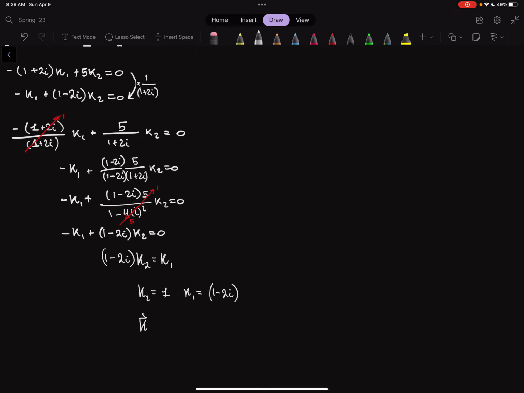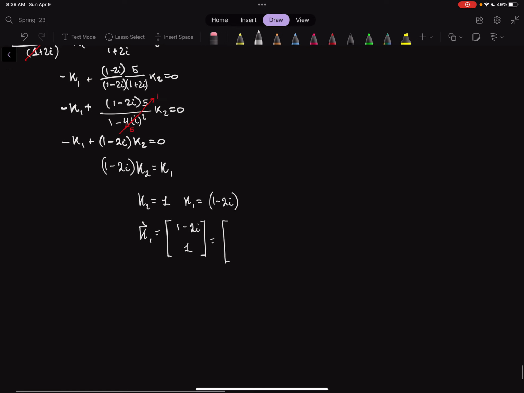So our k vector is going to be, k1 is 1 minus 2i, k2 is equal to 1. So we can say that the real part is 1, 1, the imaginary part is negative 2, 0, with an i on the outside.